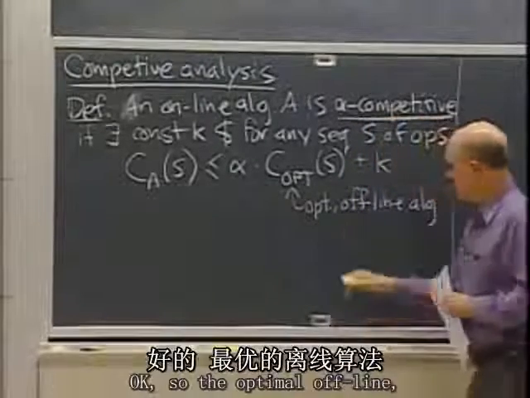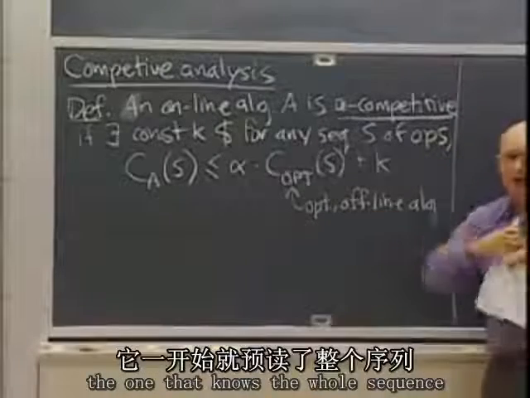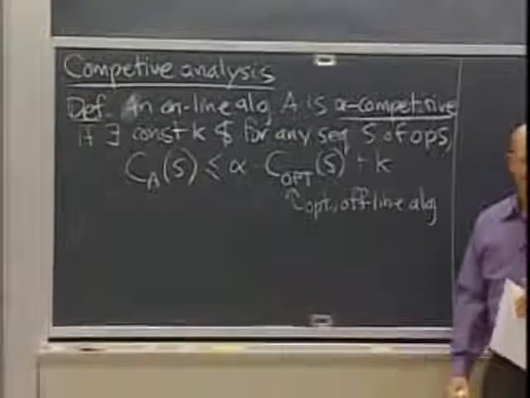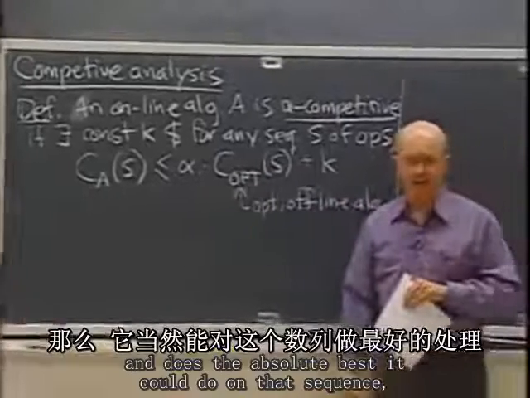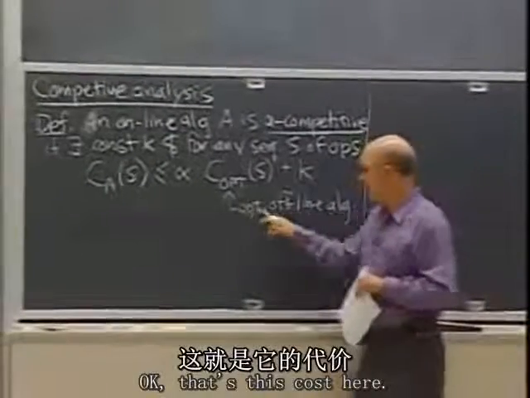Okay, so the optimal offline, the one that knows the whole sequence and does the absolute best it could do on that sequence. Okay, that's this cost here.